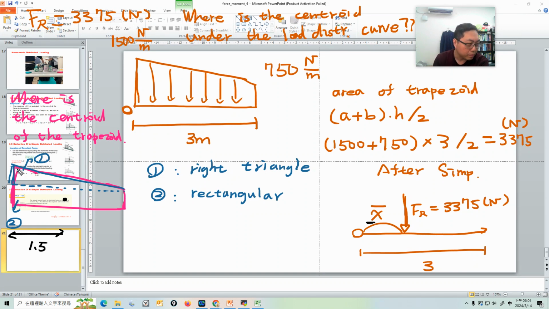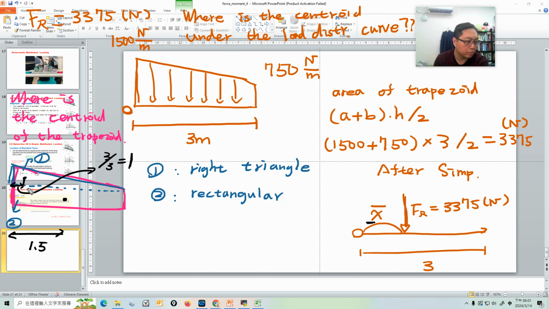Now in area 1, where's the centroid of the right triangle? I believe it should be here. This distance should be 3 divided by 3, which is equal to 1.